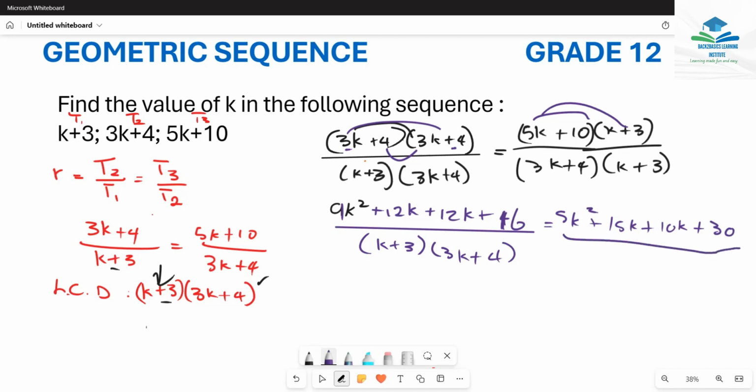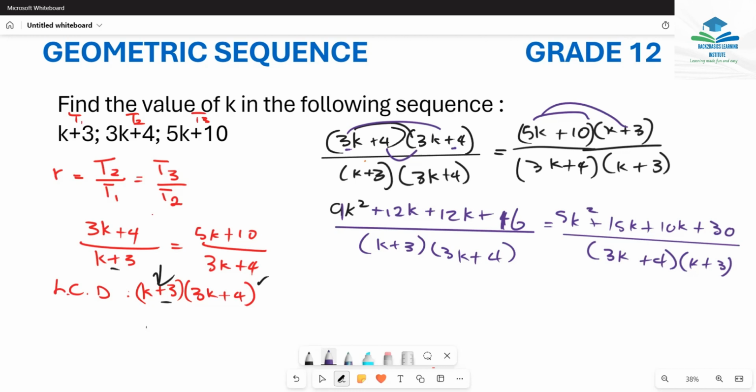And then this is going to be divided by the same denominator, which is 3k plus 4 and k plus 3. Now, let's say we take this one to this particular side. Remember, you have a common denominator, so you are going to lose this particular denominator.